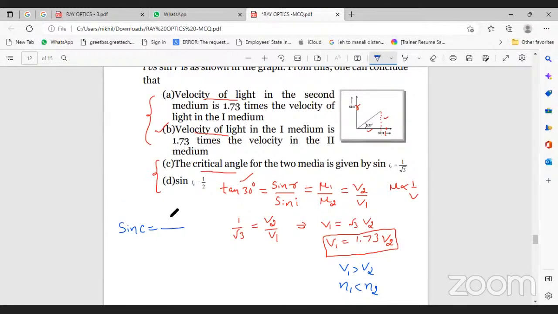So sin C should be equal to N1 by N2. Numerator should be the lesser refractive index, denominator the greater refractive index. N1 by N2 can also be taken as V2 by V1.